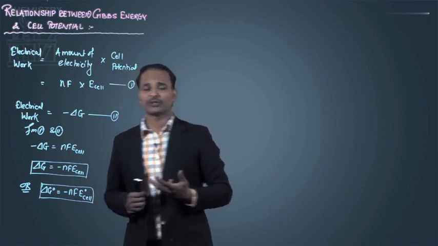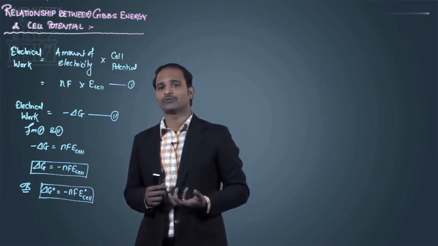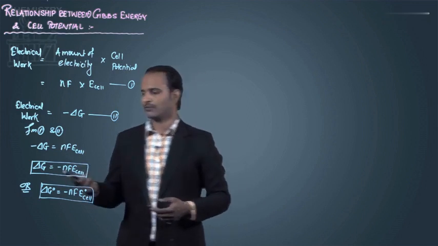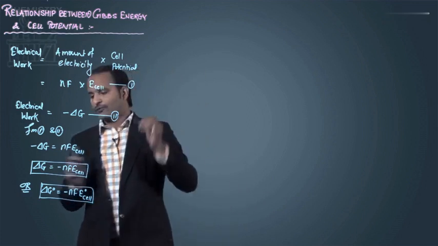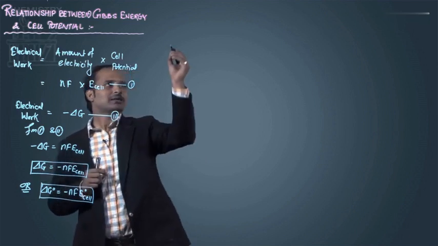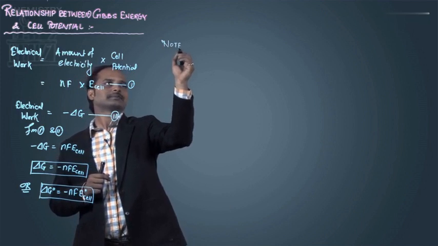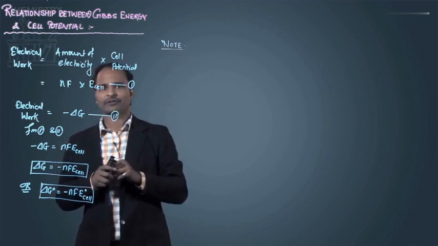Depending on which energy you want, standard Gibbs energy or just Gibbs energy, accordingly you have to use the formula. Now from this formula, as I said in the beginning, the Gibbs energy helps us to decide the spontaneity of the reaction.